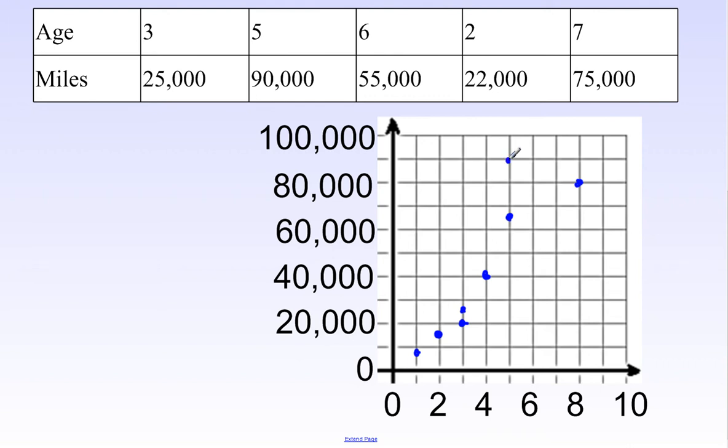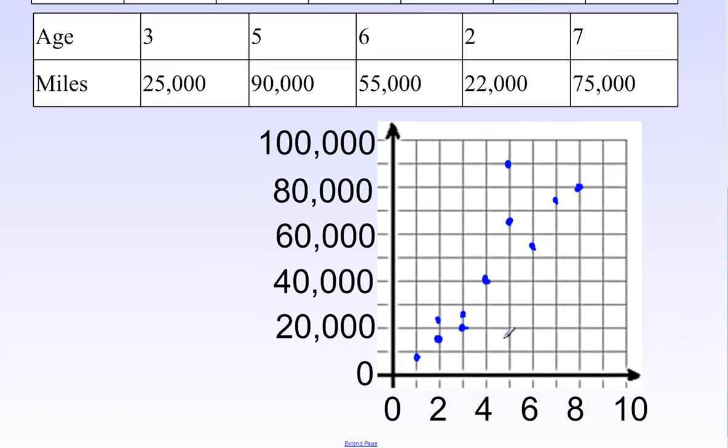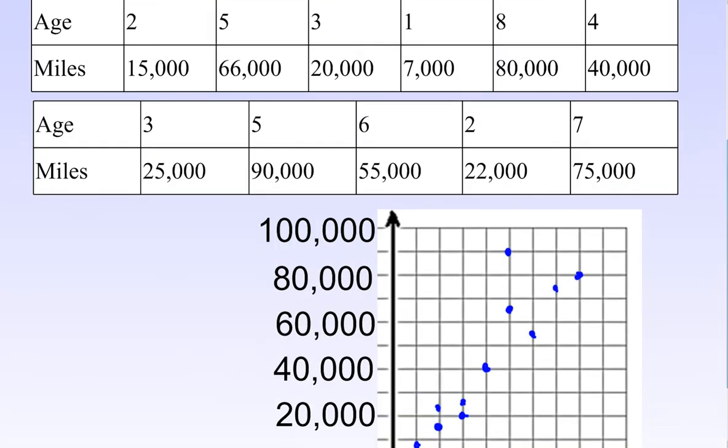That person drove a lot. 655 would be here. All right, so roughly speaking, that would be the data that we have here.